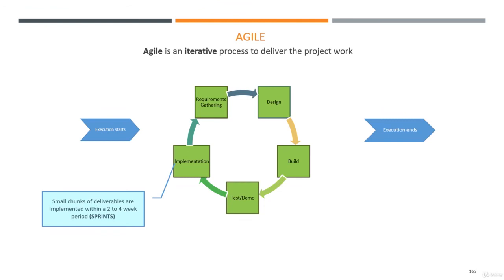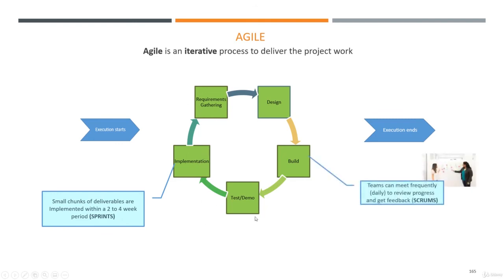They call that sprints. So every 2 to 4 weeks, a piece of code, a bit of a website, a small component is added based on the latest requirement gathering here. You go through the loop and you implement. You go through the loop and you implement.